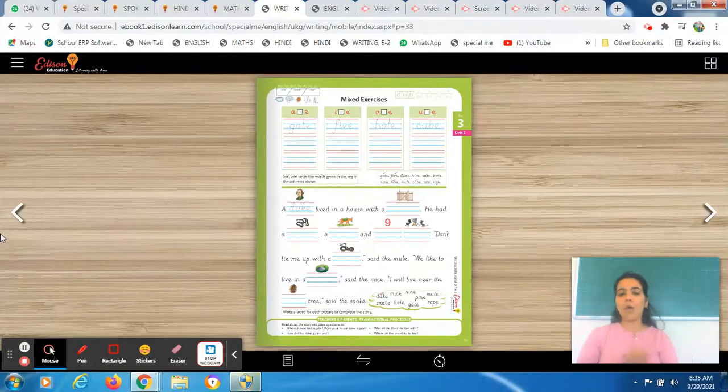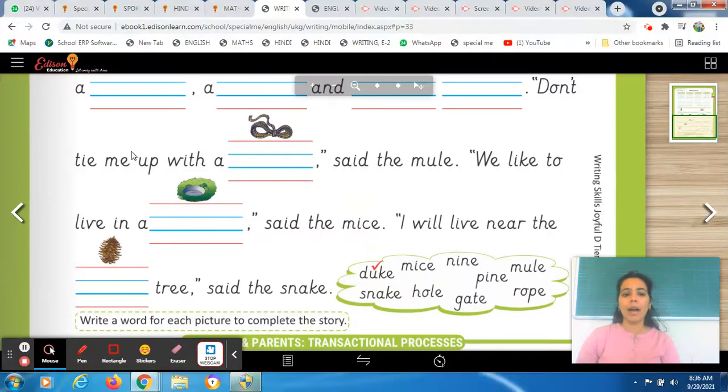We have to complete the story by writing the words given over here. We can also take help from the helping box, but try to do it on your own. You will recognize the picture and write the word on your own, because all the vocab we covered in the previous units. After completing this whole story, we have to read it properly and understand the meaning of that short story. That's all we have to do today.